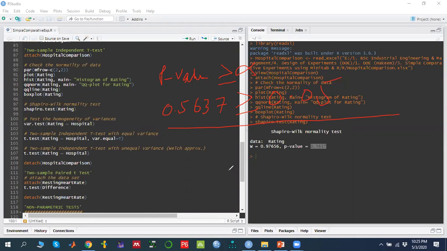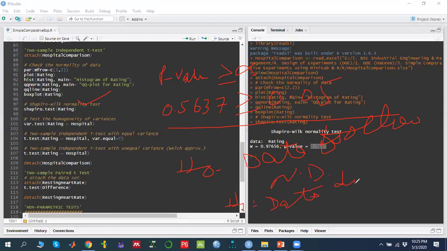Accept H0 means that data follow the normal distribution, because in any normality test the H0 would be that data follow the normal distribution, whereas H1 would be that data do not follow the normal distribution.